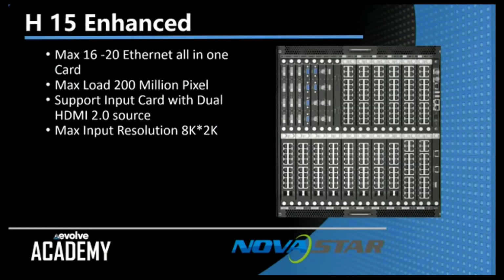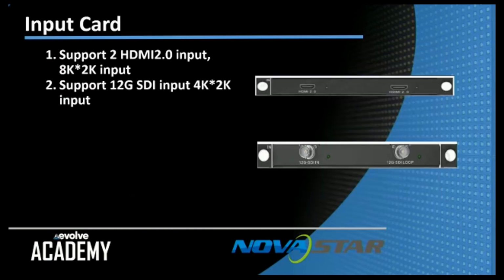So here's the back of the H15 Enhanced. So lots and lots and lots of RJ45s. Plenty of resolution. So this is 4 8K screens. The input cards, the dual HDMI 2.0 or the 12G. 12G is going to be super popular, especially in the virtual production world.